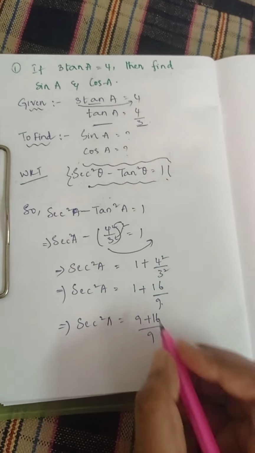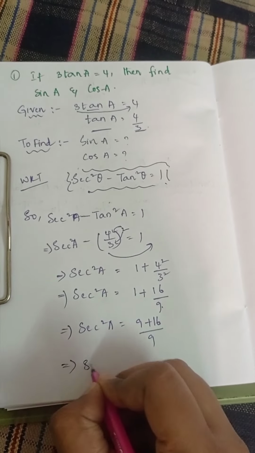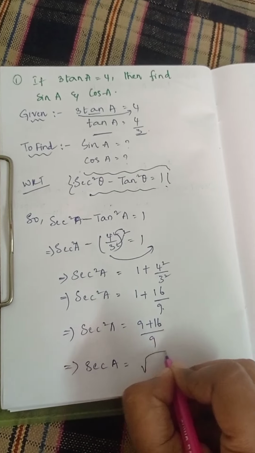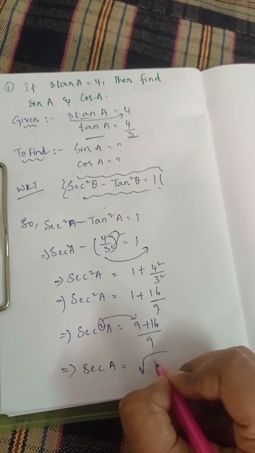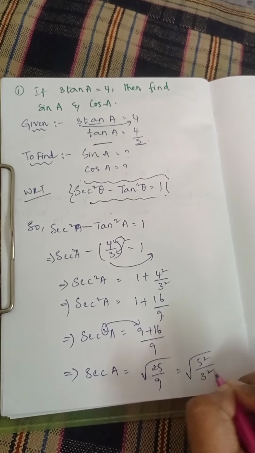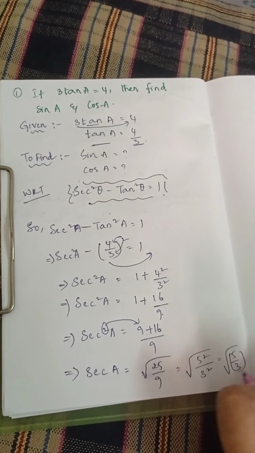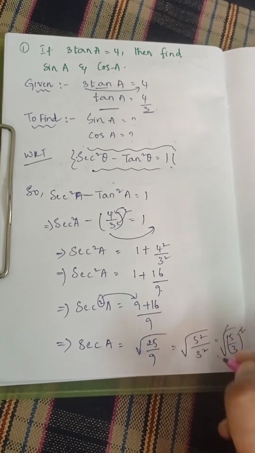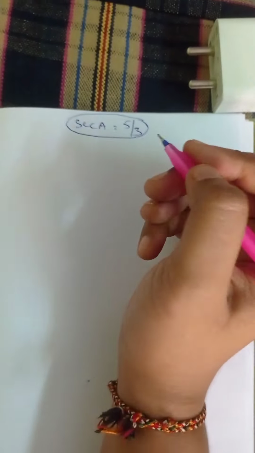By cross multiplying it we'll get 25 by 9, right? So 5 square by 3 square, 5 by 3 whole square. Square and square root get cancelled. So secant A is equal to 5 by 3.